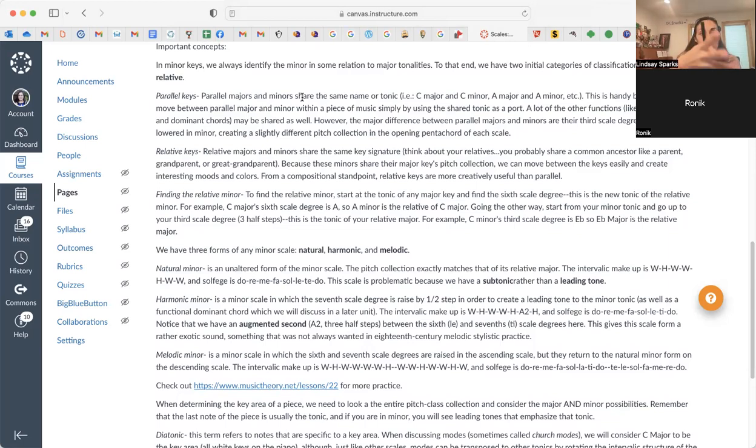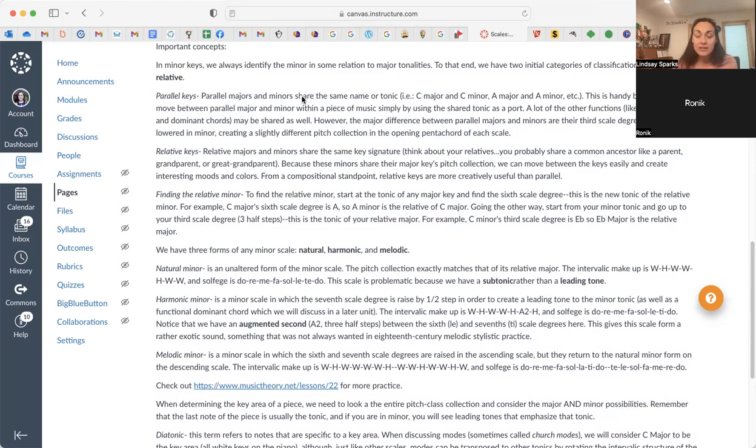Relatives, you have relatives, right? You've got brothers. You all share parents, right? So you are relatives because you share the same DNA, and relative keys share the same DNA. So they have different tonics, but the same key signature. So G major and E minor, for example, share that same F sharp in their key signatures.